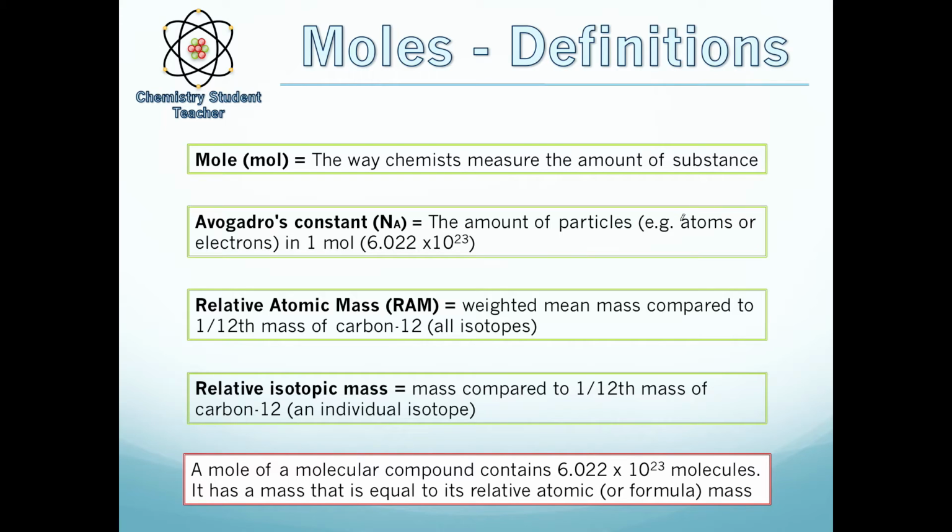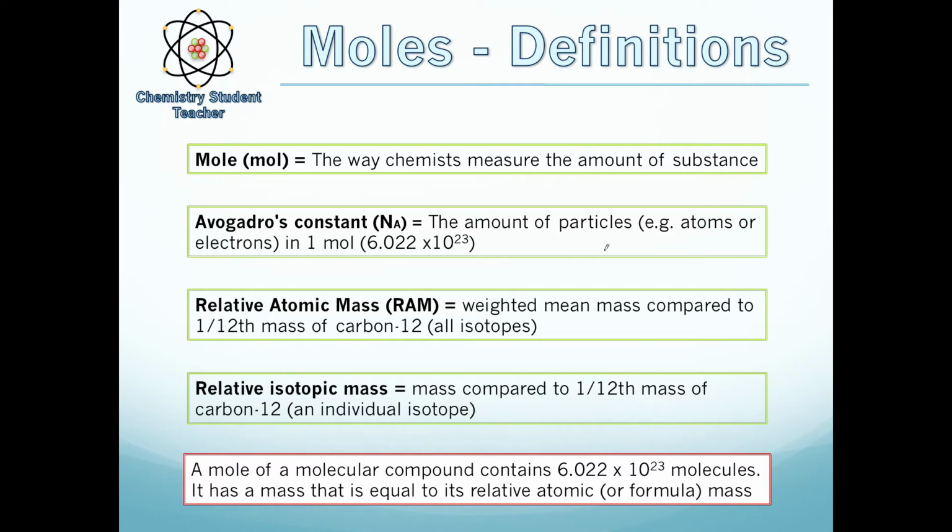And what it means by the mean mass is the mean of all the isotopes. As you know from one of my previous videos, you get isotopes of different things. So carbon has an isotope carbon-12 and an isotope carbon-13. So the relative isotopic mass is the mass compared to 1/12 the mass of carbon-12 when you're looking at an individual isotope. So when you're looking at just carbon-13 or just carbon-12, for example.